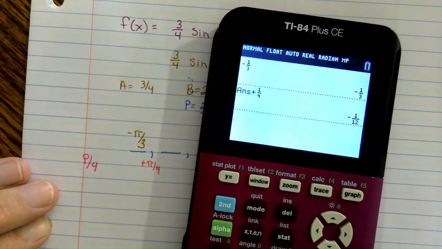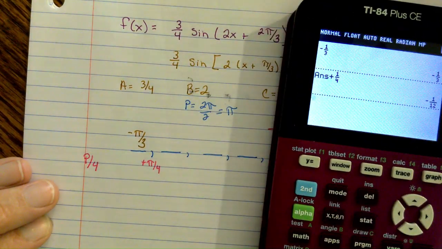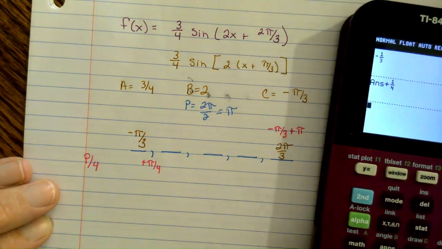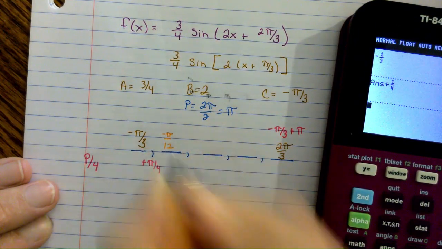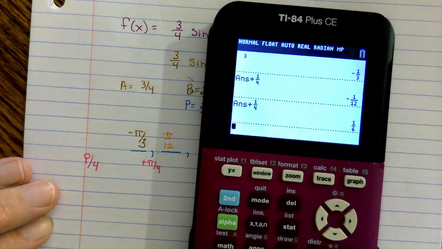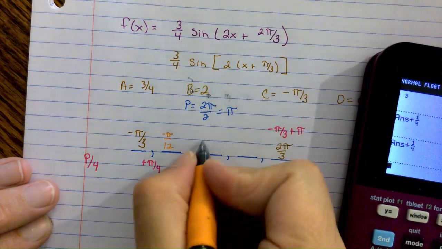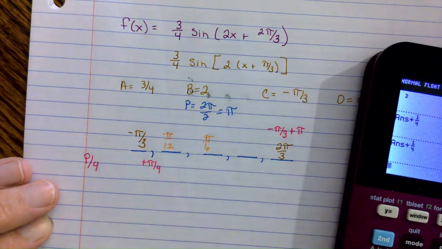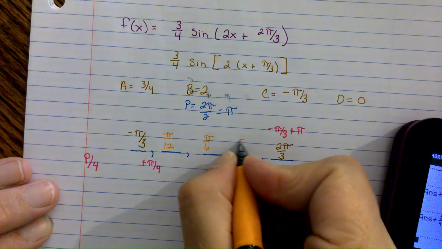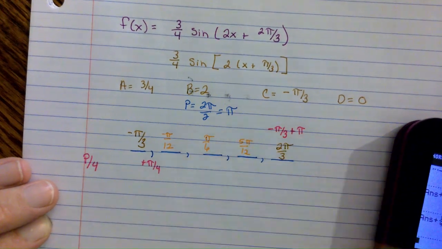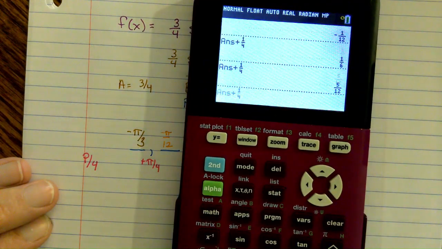Ooh, so that'd be negative pi over 12. Pi over 6. 5 pi over 12. And hopefully that's that 2 pi over 3.